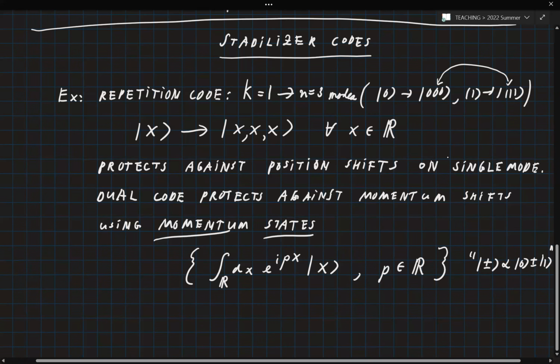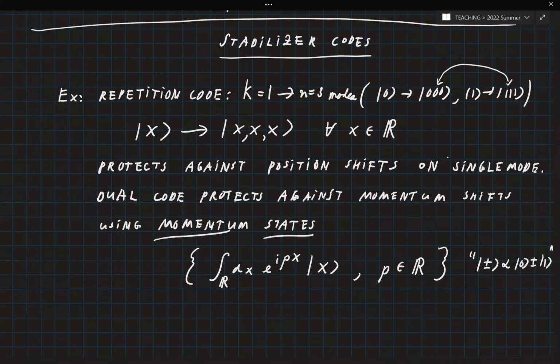It's a dual Hadamard transform basis. In this case, it's not the Hadamard that does this transformation, it's nothing but the Fourier transform. And these momentum states can then be encoded in a repetition-like encoding, like the position states are here, to protect against the other set of errors, the momentum shifts.